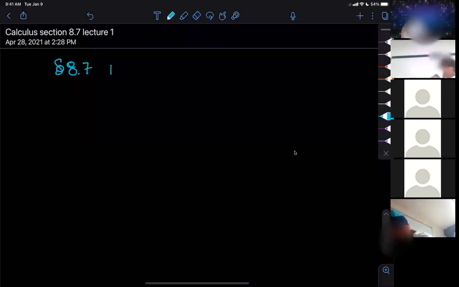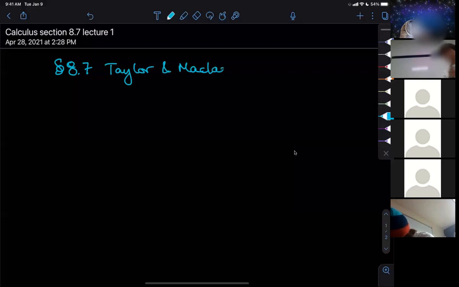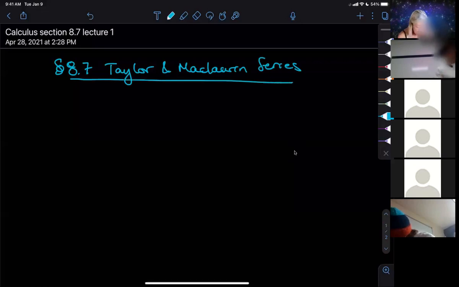8.7, Taylor and Maclaurin series. Okay, so here's what our goal was. Given a function, how can you find a power series that represents that function?